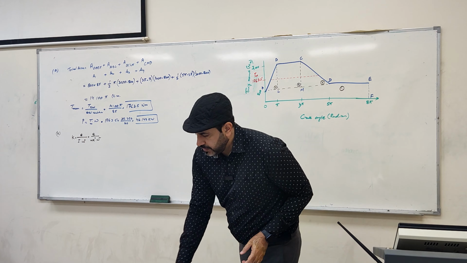Let's say 4. We need to find out this 5, 6, and 7. Or we can name them as well so that we can easily identify them. Let's say we call these points J, G, H, and K.